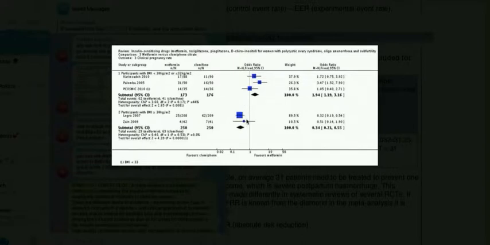Now a forest plot could be homogeneous when all of the results are on one side, or it could be heterogeneous when the results are going on either side of this line. This line is the line of no effect, basically like a neutral line, and it always falls on one. On one side of this the values are decreasing and into decimals, and on the other side they are increasing.